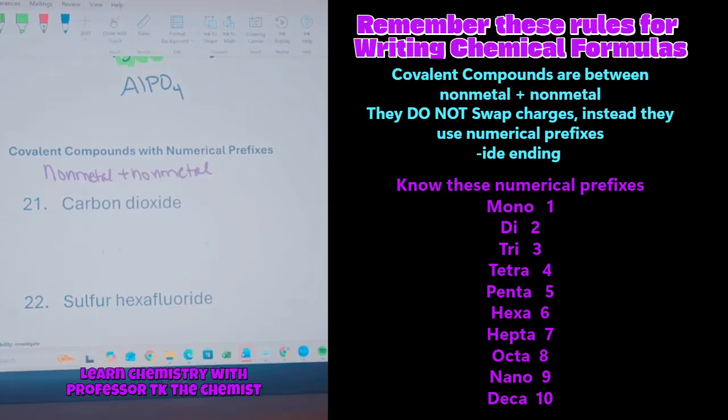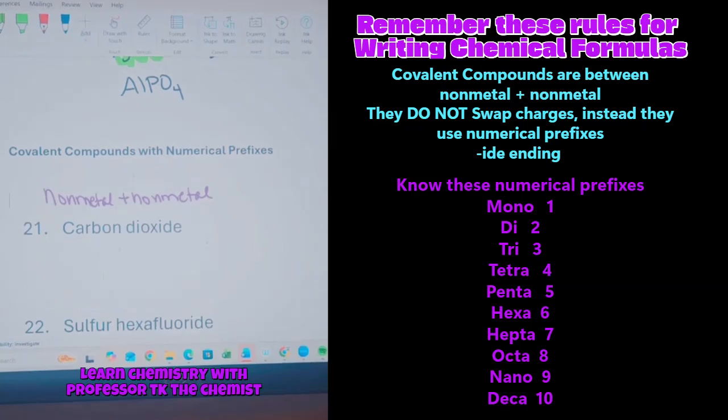They do not swap charges, okay? So let me put this here. Do not swap charges. Instead, you're going to use the numerical prefixes like mono, di, tri, tetra, penta, hepta, hexa.